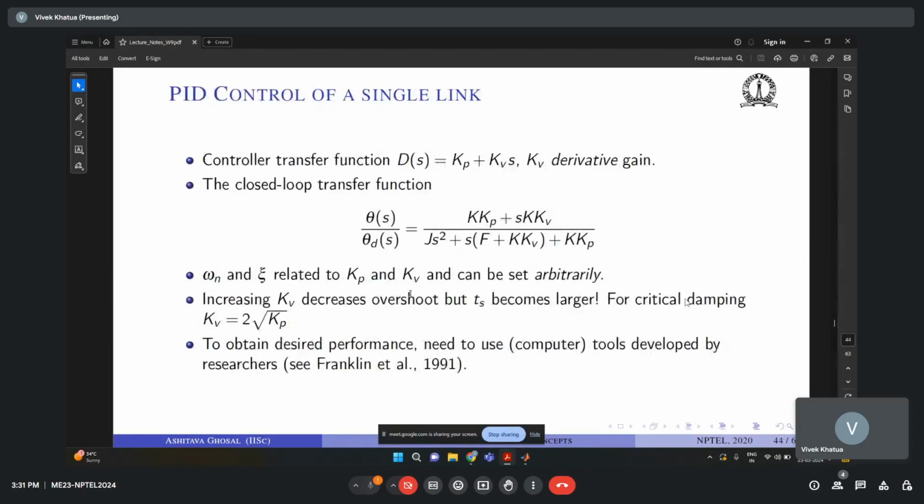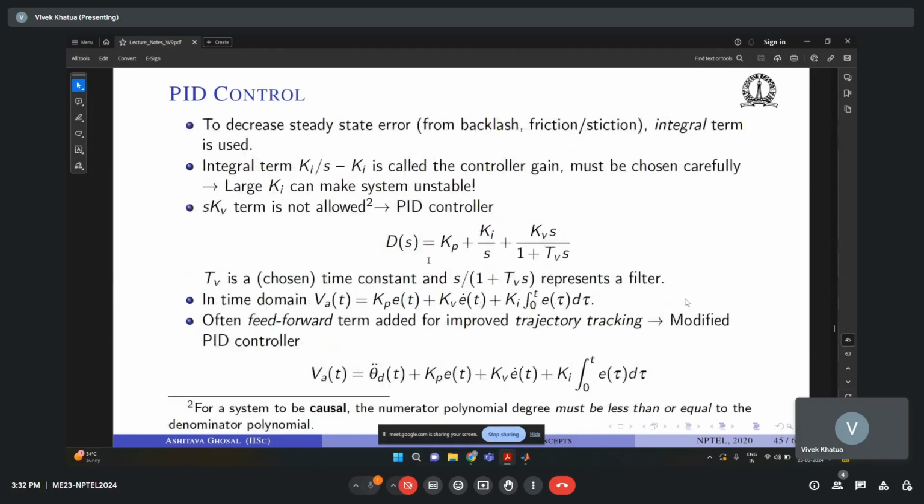So I'll just quickly go. This is how the expression comes out. We'll derive this also, how this expression comes about. And then that of I, you can see it is 1 by s. So this is for a specific control where we don't want some variation. So this tv is a time constant that we choose.